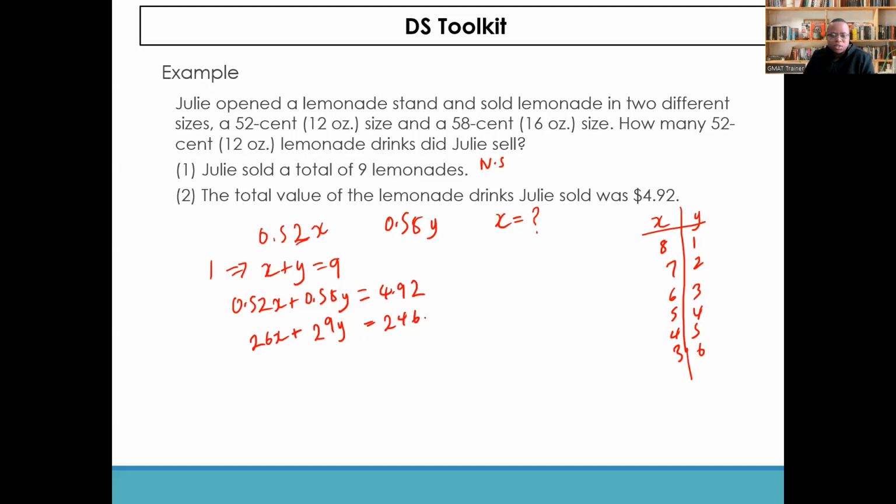That's greater than 246, so it can't be 10. Neither can 29 times 10, which gives us 290, greater than 246. So we start looking for numbers that could be lower. Maybe now if you go to 9, that would mean this would be 0. We can't have 9, so it has to be 8.